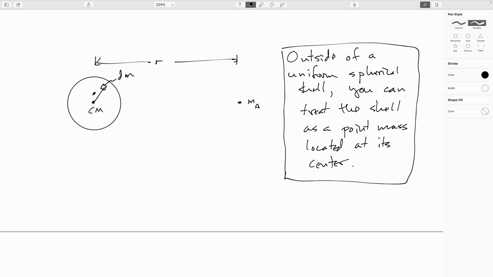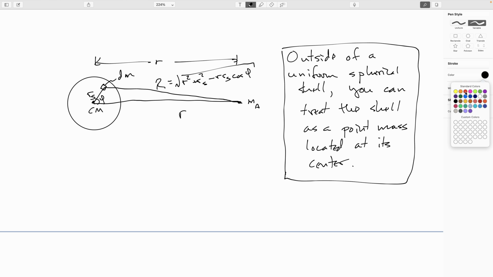We'll say that this is radius r sub shell. We'll call this distance here little r, because that's what that is there. And then the distance that matters for finding the force of gravity is going to be this distance here, big R, which by the law of cosines, if this angle is phi, is going to be equal to the square root of r squared plus r_s squared minus r r_s cosine phi.